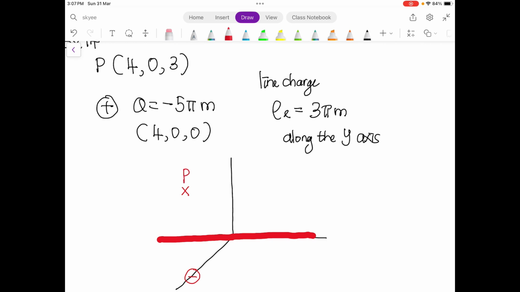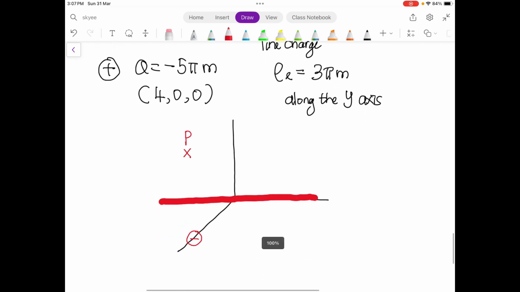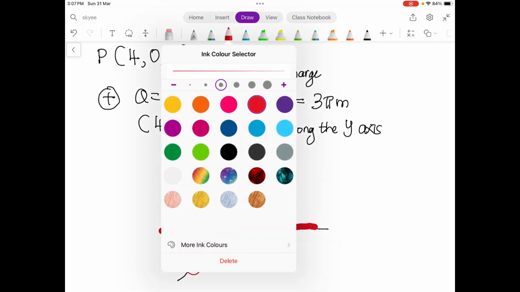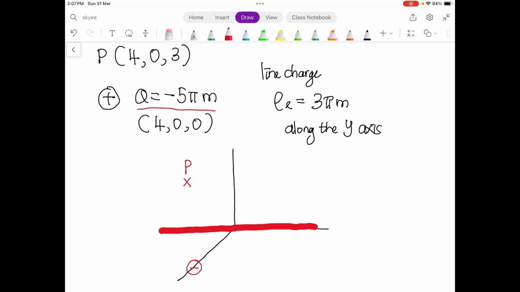This is the point P. So now you have two sources of charge, one is the point charge, the other is the line charge. You have to find the D, and you know the D could be related with this one.